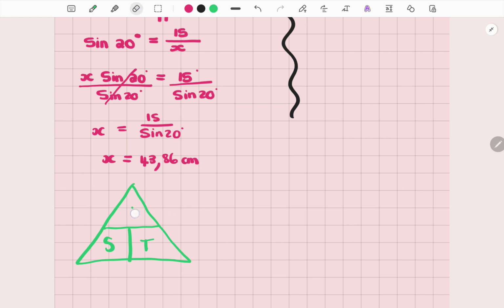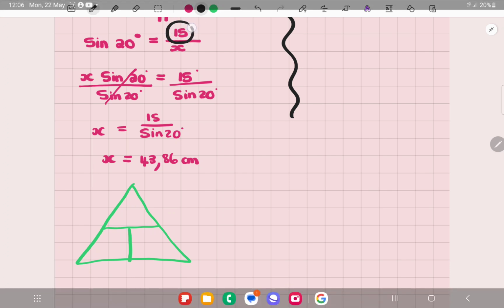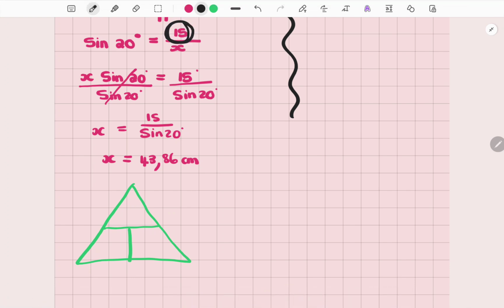Now what we're going to do is apply that sort of mathematical operation in this. So we're going to have the 15 at the top. Whatever is at the top of the fraction goes into the top of your triangle, and then the other two go in the two bottom parts.